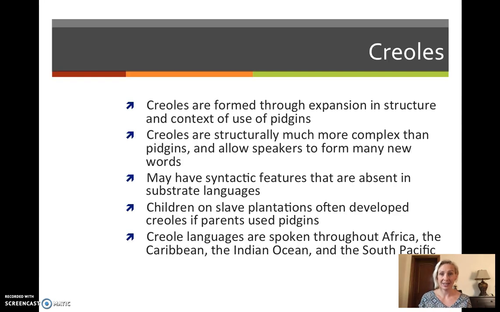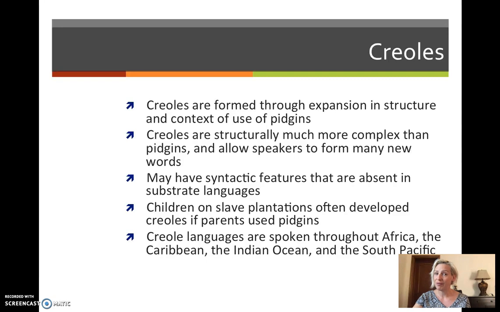They create the new grammar and they make the pidgin develop as a full language, so a creole. And you will see this in many places where there was very long language contact, in Africa, the Caribbean, the Indian Ocean, and the South Pacific, wherever two languages coexisted and interacted as a pidgin for a long time.